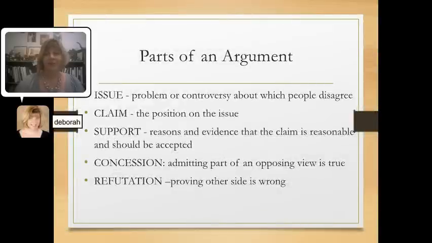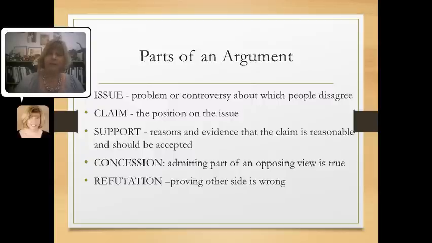Now, there's 5 terms that I need you to get familiar with as we start talking about argumentation. The first is the issue, the second is claim, support, concession, and refutation. Now, the issue is the basic problem or controversy that people might be in disagreement about. The claim is the specific position that an author is taking on an issue.